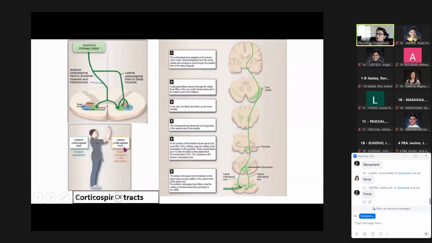So what do you see here? The person is putting in a bulb, but it looks like he's taking a selfie, right? While putting the light bulb, it's very important that you also maintain your balance. So that's through your anterior corticospinal tract.